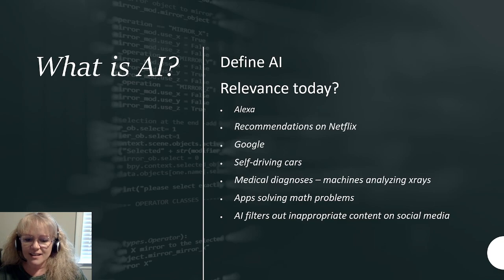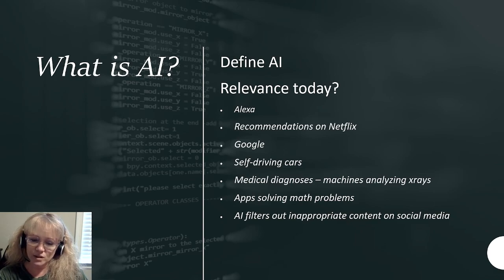And that is AI. AI filters out inappropriate content on social media. I think that's totally relevant today. That's what we want it to be doing, right? We don't want junk to come across our screens. So it's really great and relevant that we can do that with computers today. So AI is super relevant in the world that we live in.